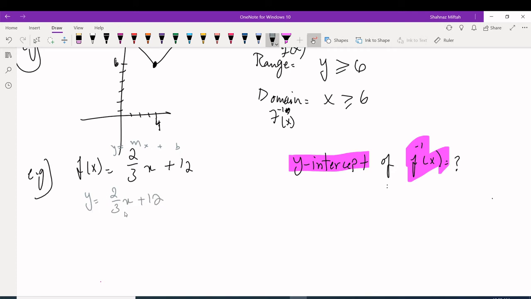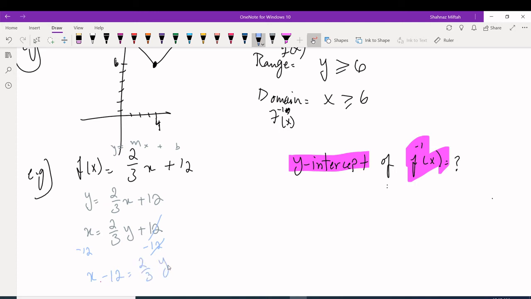Because I want to show you that in an inverse function, we have to switch the x and y's. Replace the y with the x, replace the x with the y, and get the y by itself. So I'm subtracting 12 from both sides, and this is going to give me x minus 12 equal 2/3 y.